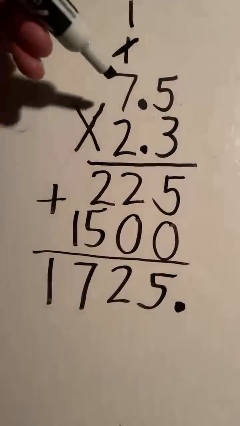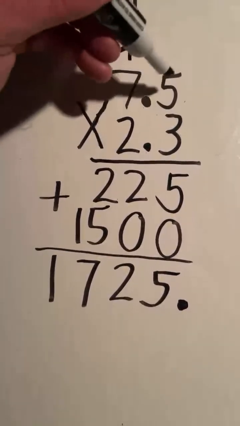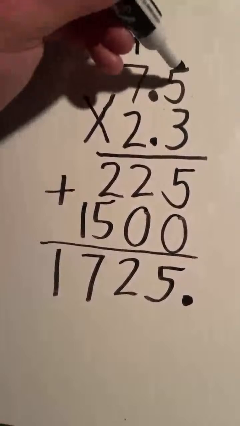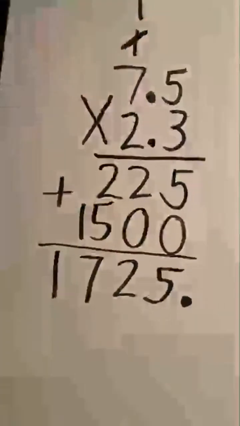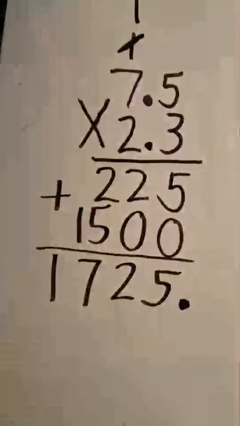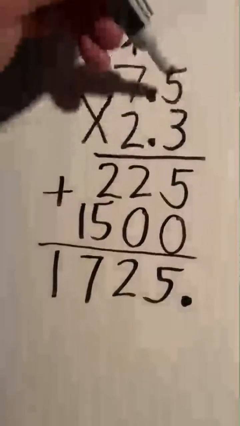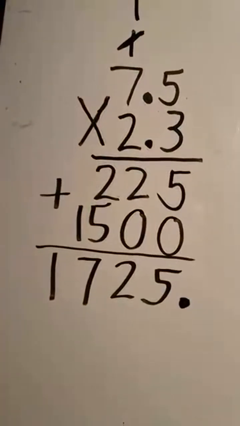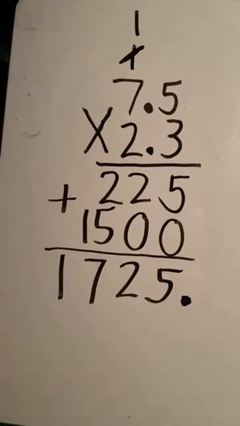So we have one digit behind the decimal point in 7.5 and one digit behind the decimal point in 2.3. So we have two total digits that are behind the decimal point. So we have to move the decimal over 2 places.